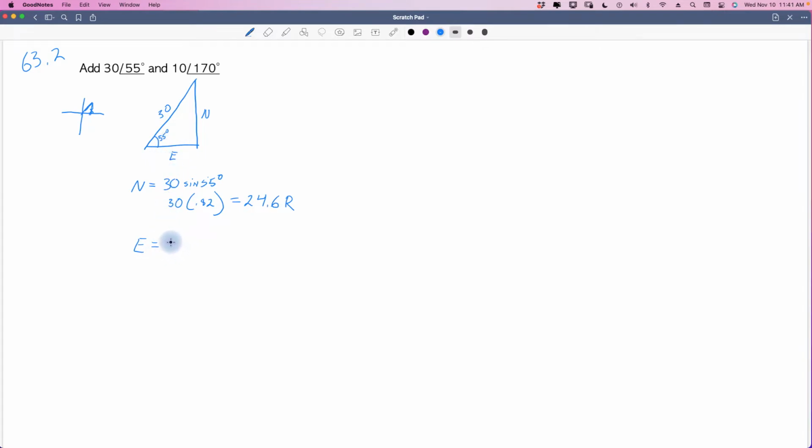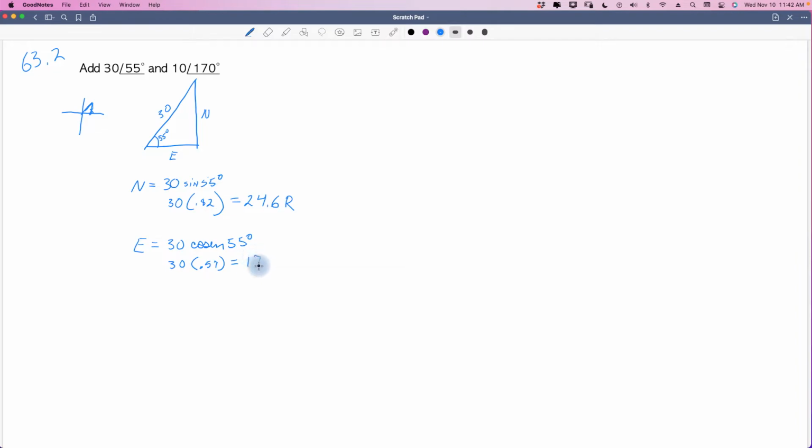So we're going to say 30 times the cosine of 55 degrees, and the cosine of 55 degrees is 0.57. It's actually 0.573, but I'm just going to stop at 0.57, and I'm going to say 0.57 times 30, and that's going to give me 17.1.